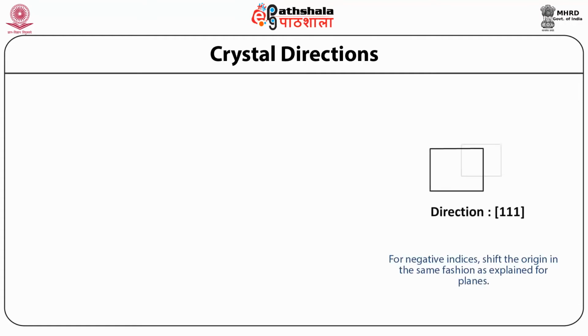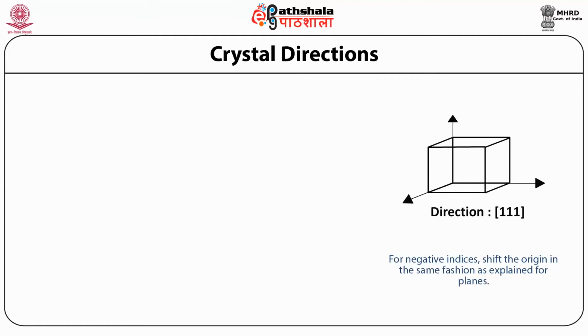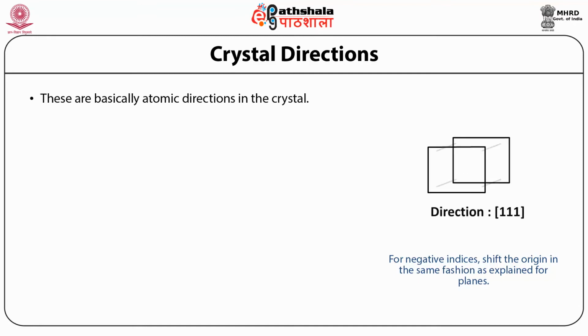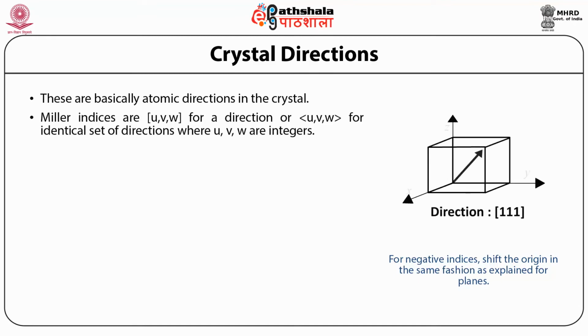Now moving towards the crystal directions, let us discuss it. The crystal directions are basically atomic directions in the crystal. The Miller indices, which we have discussed, are the reciprocals of the intercepts.